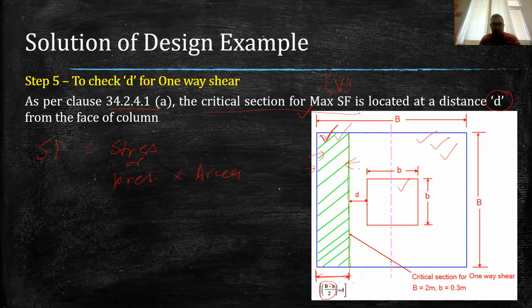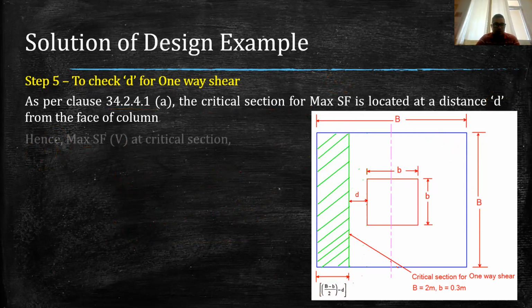So that becomes the shear force in this case. So pressure we already know is 125. What is the area? Area is this width multiplied by this length. So this will be B into B minus B by 2 minus D. So that becomes the formulation of shear force in this case.